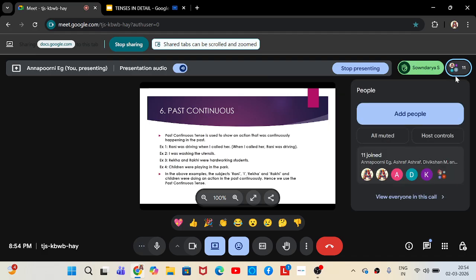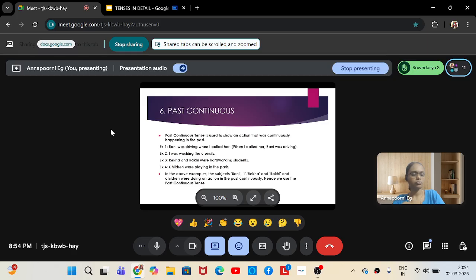Or Shreya, can you? Yes, ma'am. Rani was driving when I called her. I was washing the utensils. Rekha and Rakhi were hardworking students. Children were playing in the park.